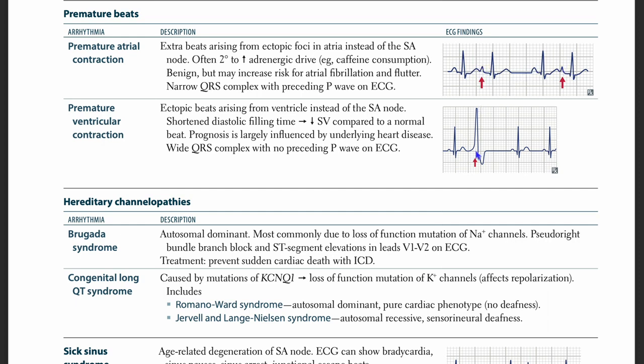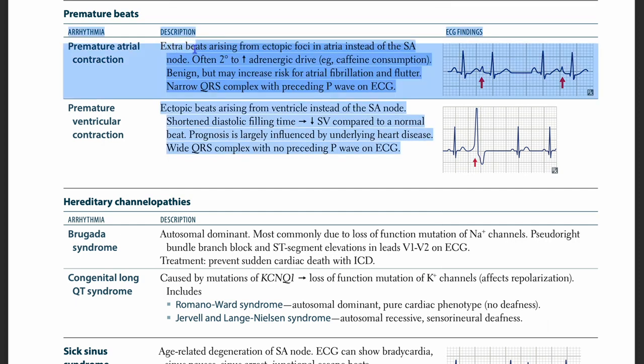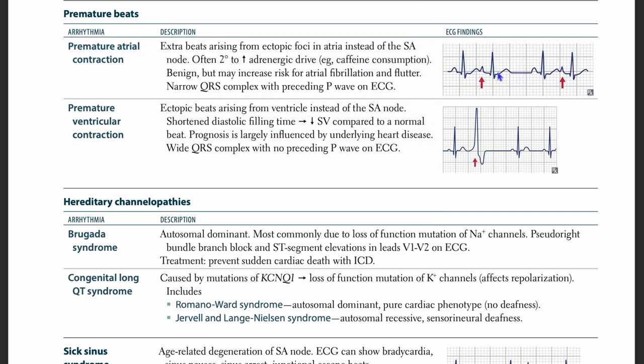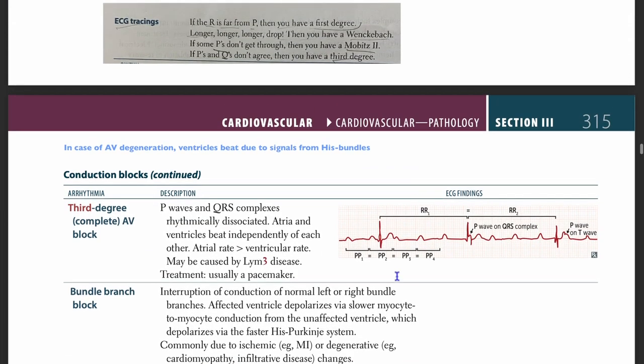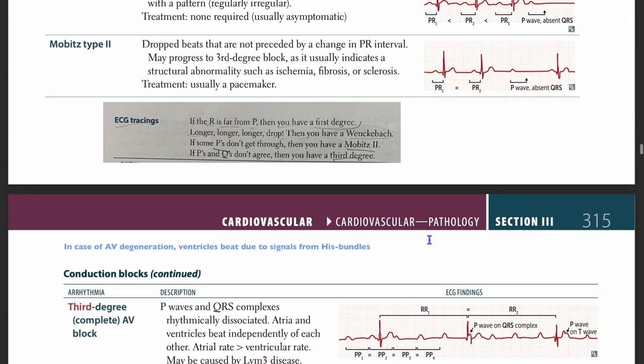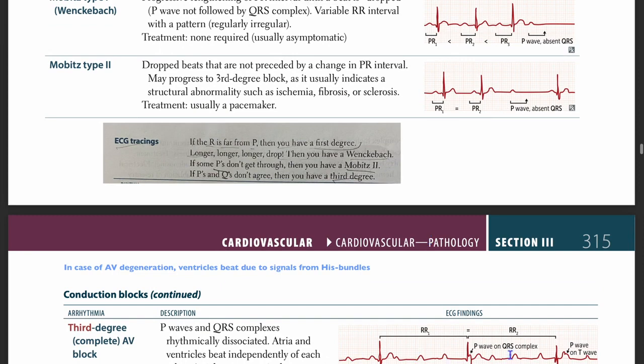It's not smaller. So that's how you know that it's an extra beat when you're looking at an ECG like that. You gotta compare the P waves. Like here, P wave is smaller than T, P wave is smaller than T, and all of them, that's what you see, right? These are P waves again.